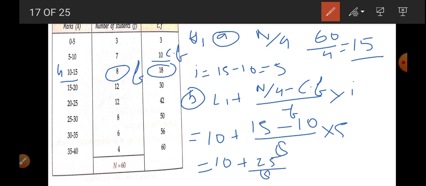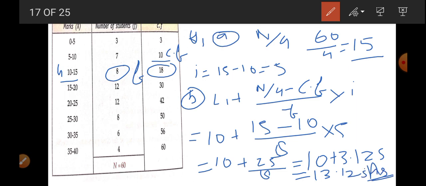We get 10 plus 3.125, that is 13.125, and that is your answer.